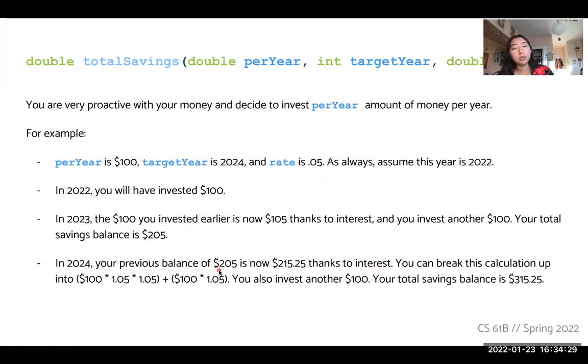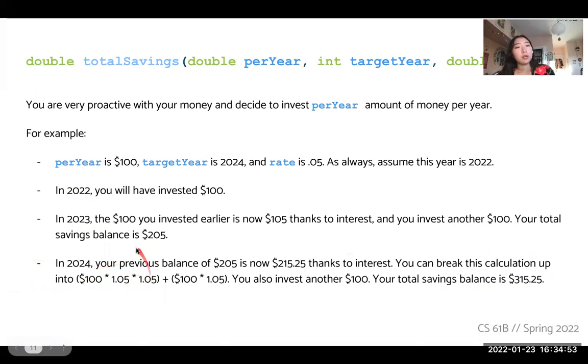If you wanted to, you could break this calculation, instead of 205 times 1.05, up into 100 times 1.05 times 1.05 plus 100 times 1.05. And the way we think about this is, this is the $100 you invested in 2022, and on that $100 you gained your interest twice over.